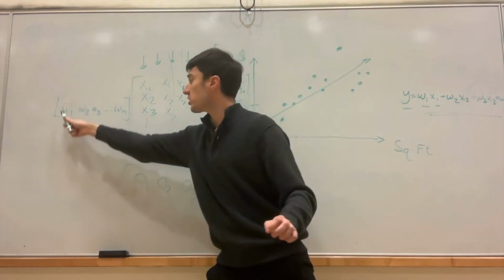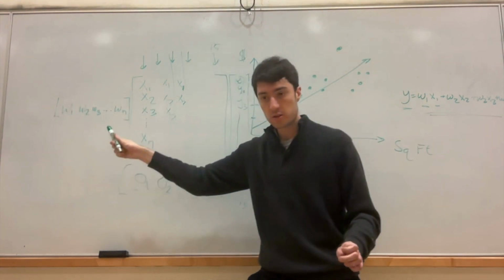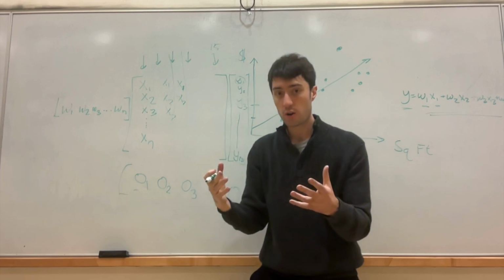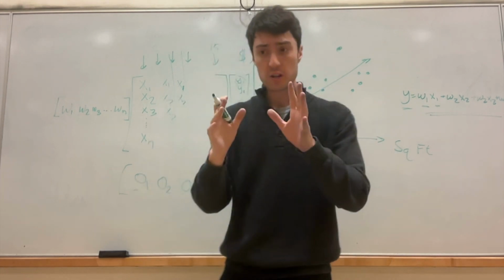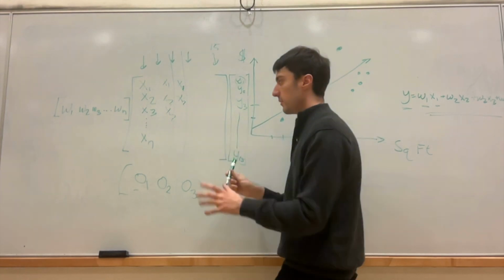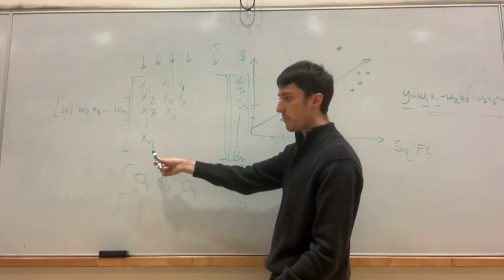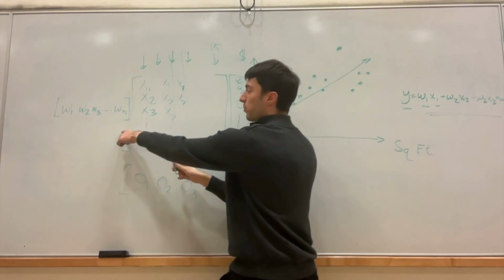And that adjustment of these weight parameters is how you learn. That is how you learn your model. Remember how I said the model is essentially the equation? You don't get to choose your inputs. You get to choose your weights.